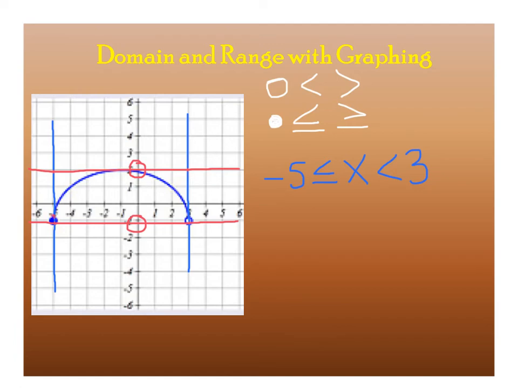This coordinate down here is going to have a y coordinate of -1. Therefore, we're going to say -1 is less than or equal to y. And here it goes up as high as 2. That means that there's going to be a point there in the graph. So therefore, it's going to be less than or equal to 2.